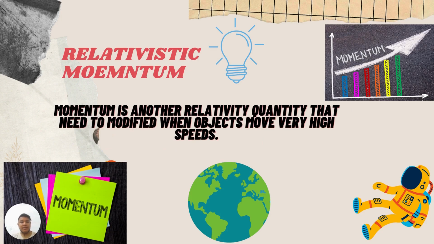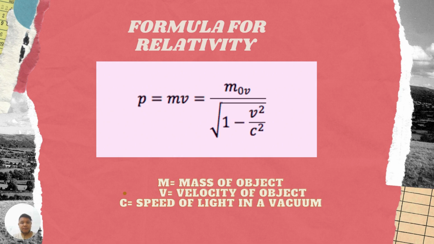Now, momentum is yet another relativistic quantity that needs to be modified when we are discussing objects or reference frames that are moving with a very high velocity. Let's suppose we have an object with a mass m that is traveling with a very high velocity v, and c is the speed of light in a vacuum.